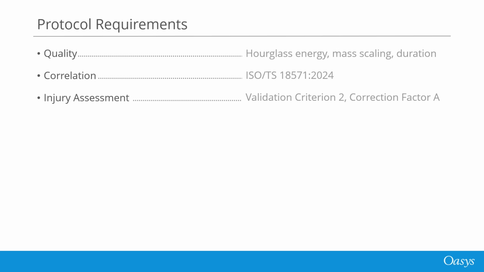The C-NCAP protocol specifies a correction factor A based on the ratios of the injury metric and their limits and applies it to the overall score of the protocol.